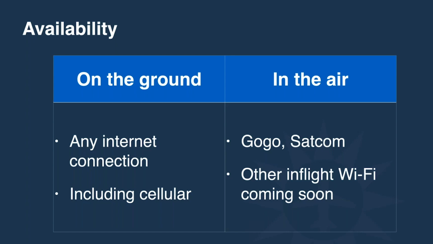Again, we don't want users to conflate the lack of traffic targets because you don't have a good internet connection with the lack of traffic targets because there are none around. So right now that is limited to GoGo and Satcom Direct device connections, but here over the next few weeks, you'll see that expanded to more in-flight Wi-Fi connection sources.